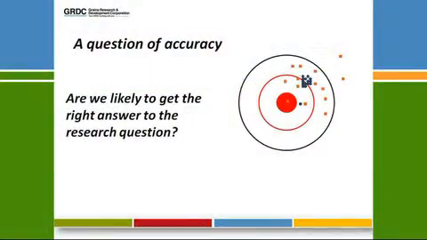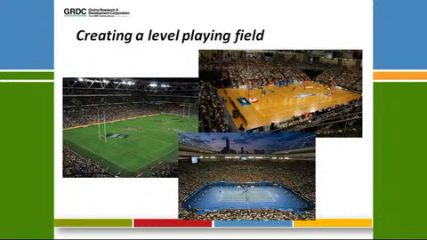But the other issue is a question of accuracy, okay? If we do get an answer, are we answering the right question, or is it the correct answer? And this is a huge issue. I'm going to try and demonstrate it with an analogy today rather than have the time to try and prove this to you, but I'm happy to discuss it later as well. So why did I call my title Creating a Level Playing Field?